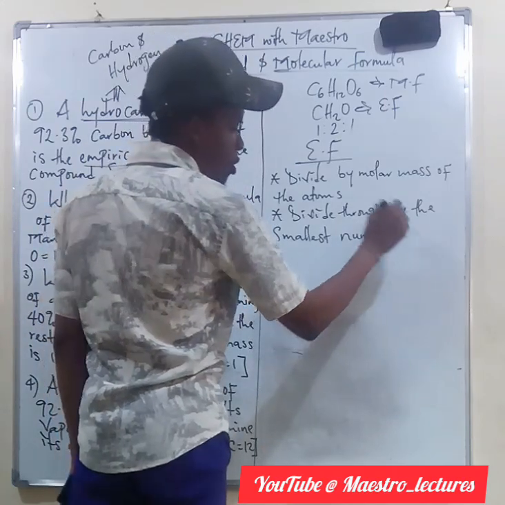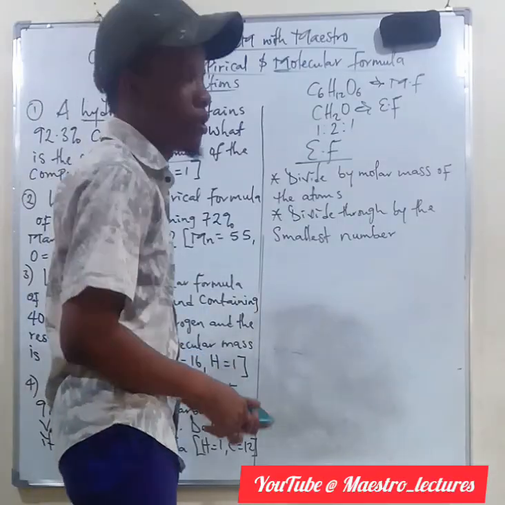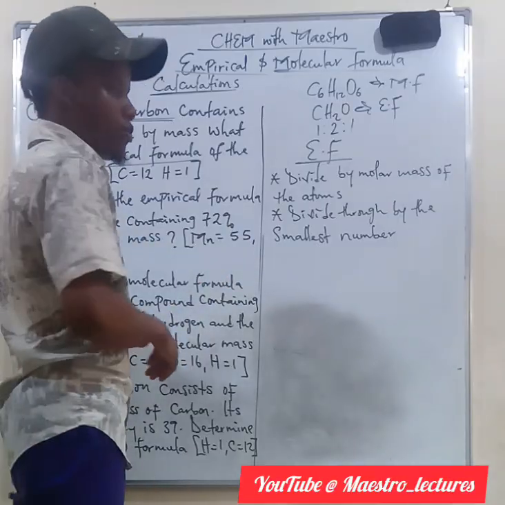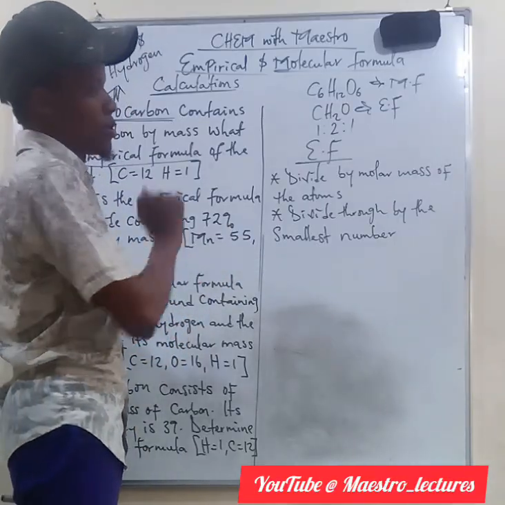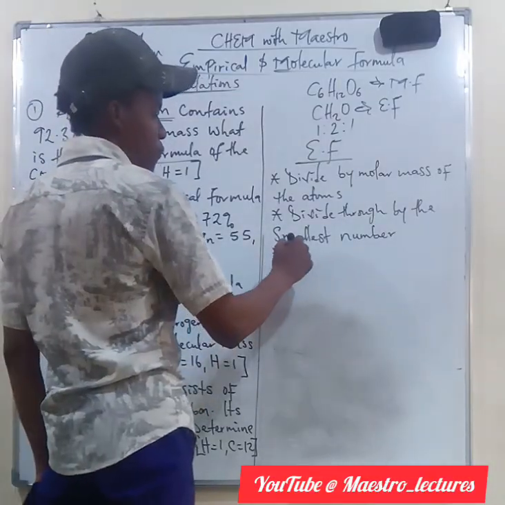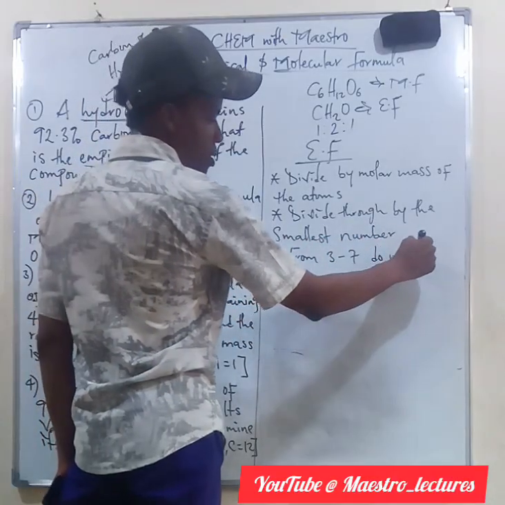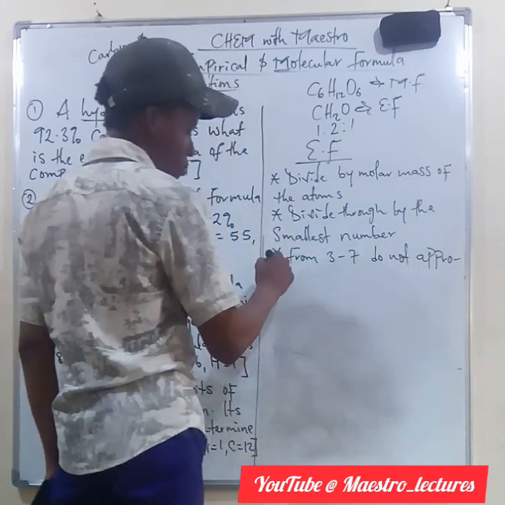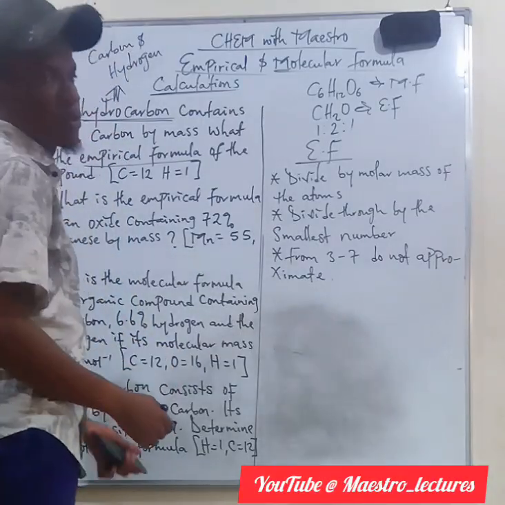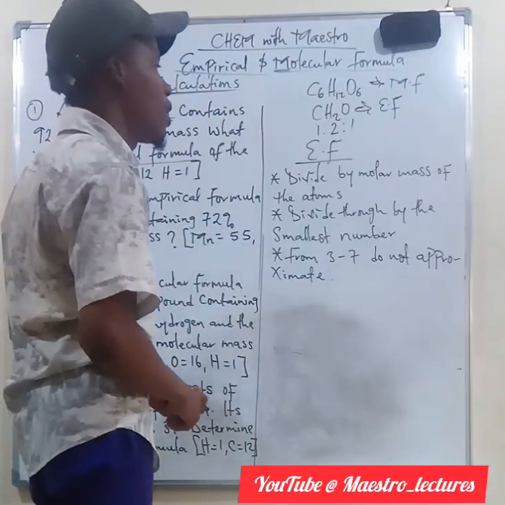Then thirdly, one secret I always tell students. This secret you cannot find in any textbooks. It is a secret we came about after solving a lot of questions. One of those secrets is the fact that from 3 to 7 do not approximate. So if you can keep these 3 things in mind, then we are good to go for empirical formula.